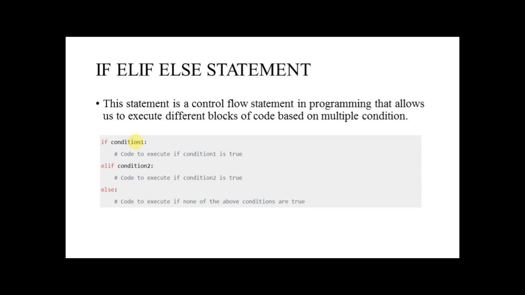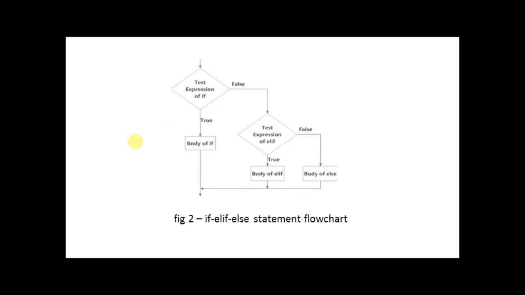Else if, elif, condition two is true, then it will run the second code. In this way, with elif condition 3, condition 4, we can make many conditions. And the else statement is the last one: if none of the conditions is true, then only the else statement gets executed. So here is the flow diagram that you can understand from.